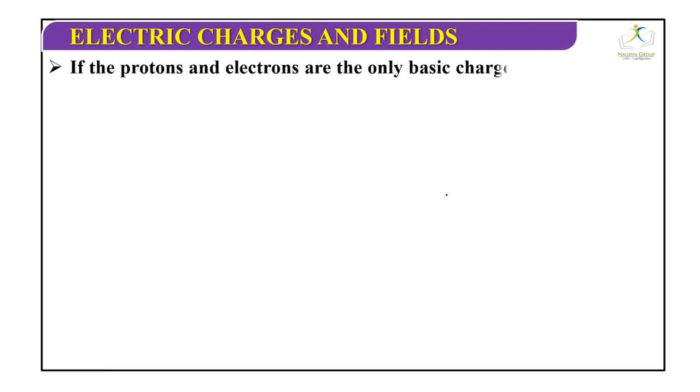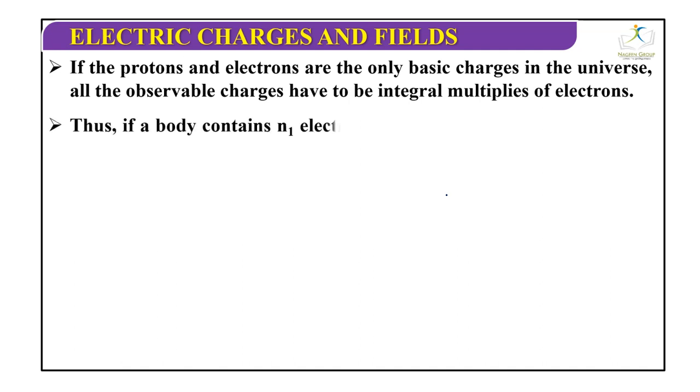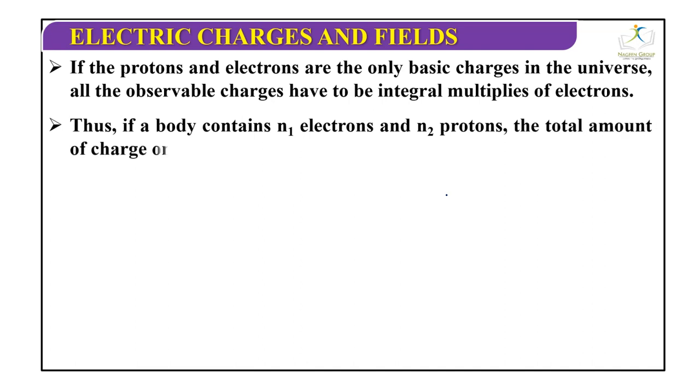If the proton and electron are the only basic charges in the universe, all observable charges are integral multiples of e. Thus, if a body contains n1 electrons and n2 protons, the total charge of the body is n2 times e plus n1 times minus e, which is n2 minus n1 times e.